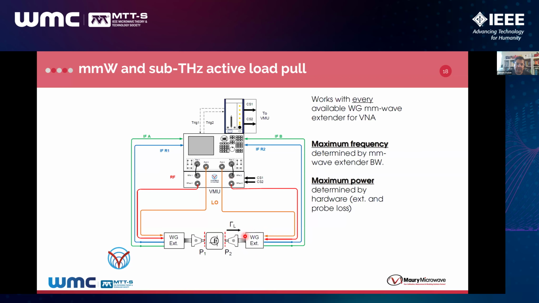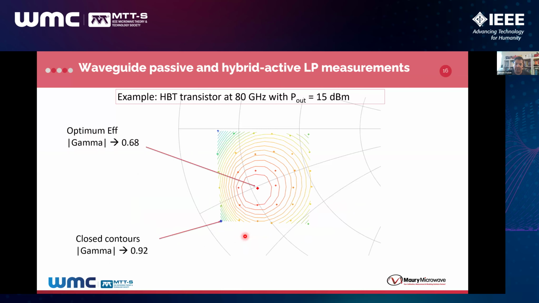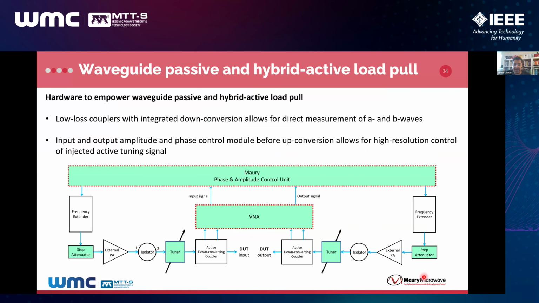In the previous example, one of the limitations, again, is that very high power external power amplifiers could be really costly. That's why I know some people prefer narrow band solutions, for example, only a few gigahertz bandwidth solutions, then you can reduce the cost.